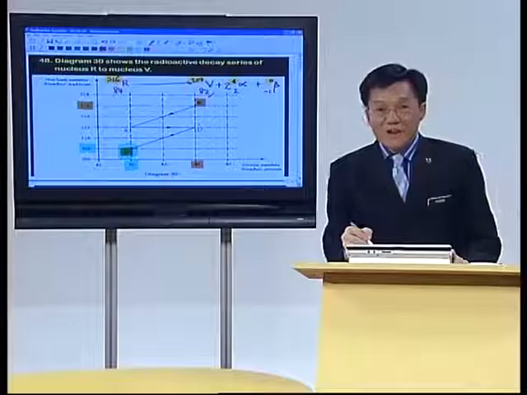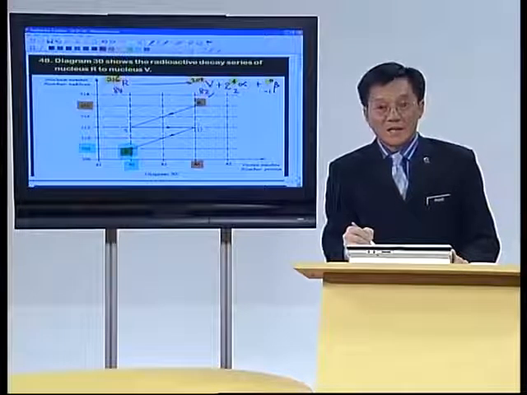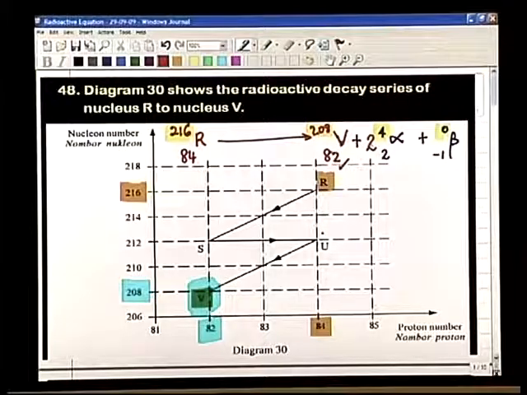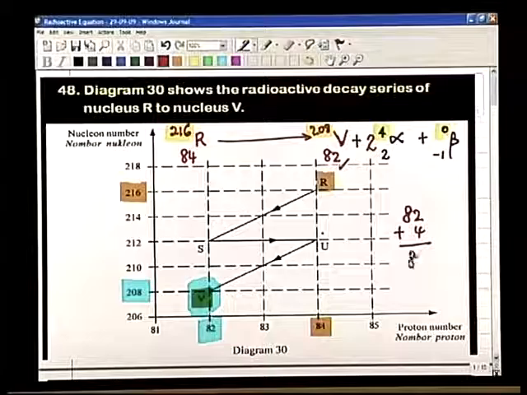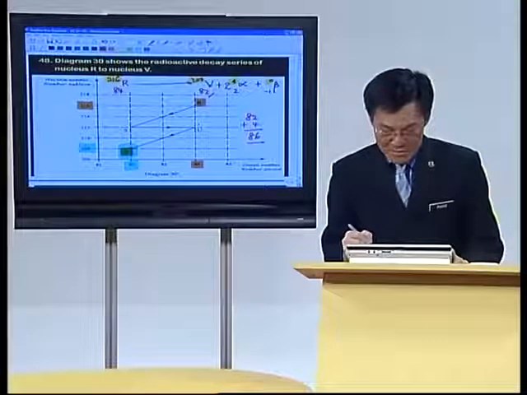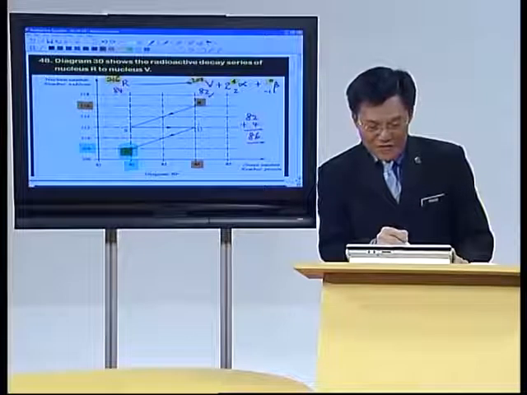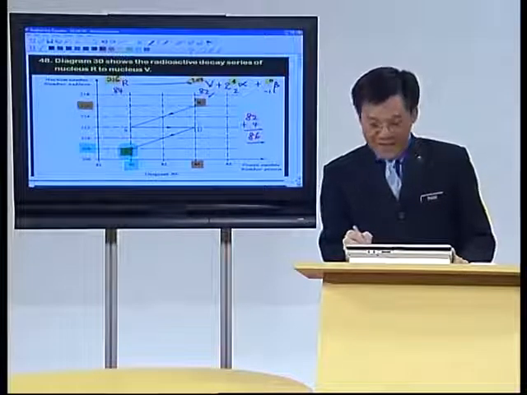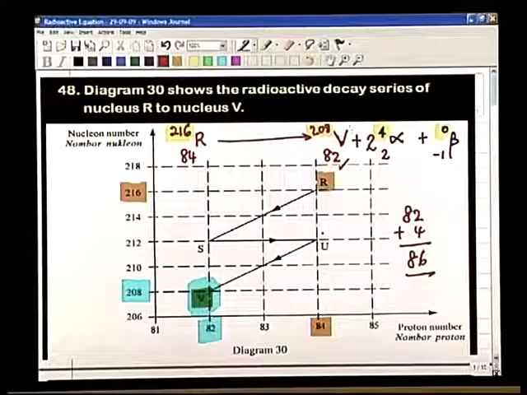And then my alpha, here I have 2 particles, which means that the proton number is 2 times 2, I have 4. So 82 plus 4, it is 86. Hey, how come? You said there's 84 there. On the left-hand side, 84. Right-hand side, I have 86, taking into consideration V and alpha.